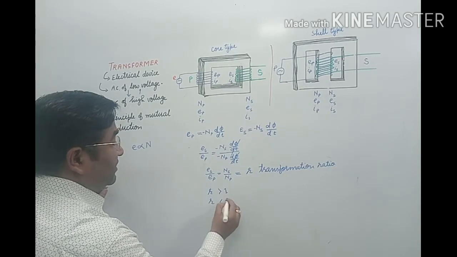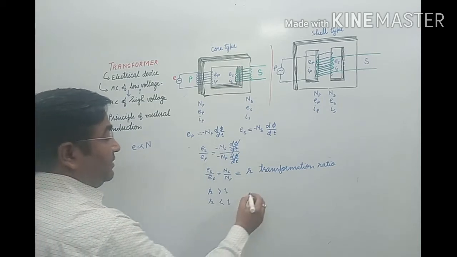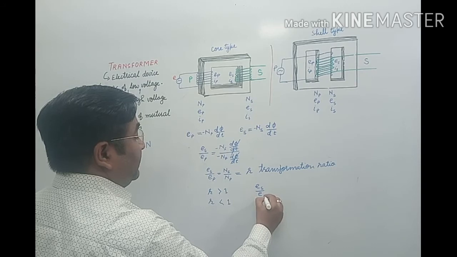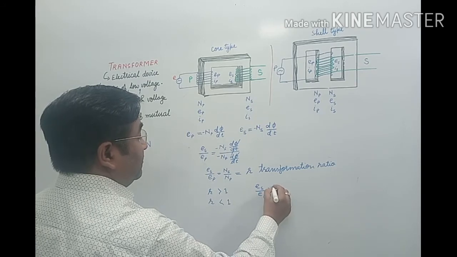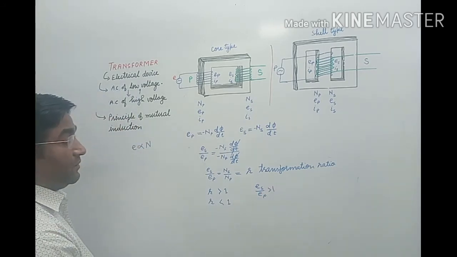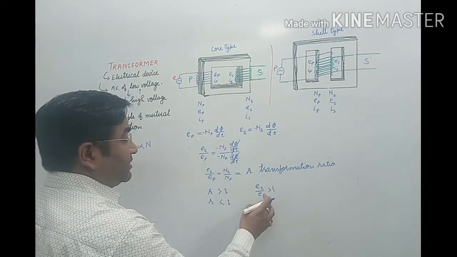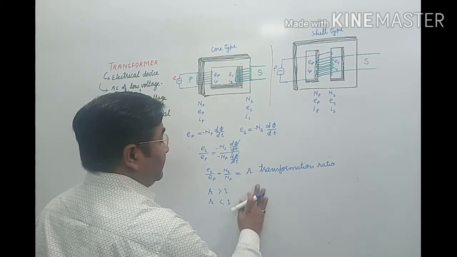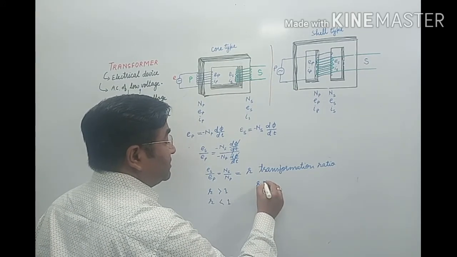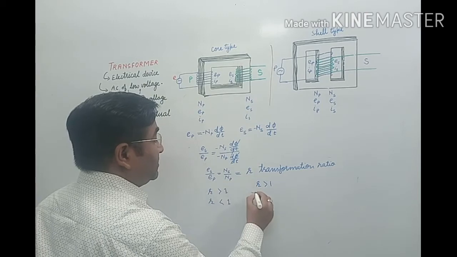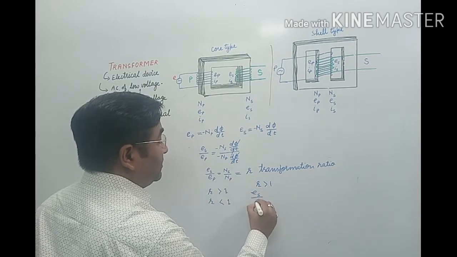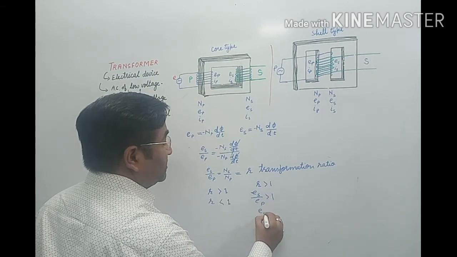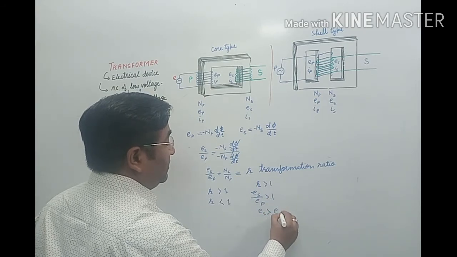If r is greater than 1, it implies that Es upon Ep is greater than 1, and therefore Es is greater than Ep.